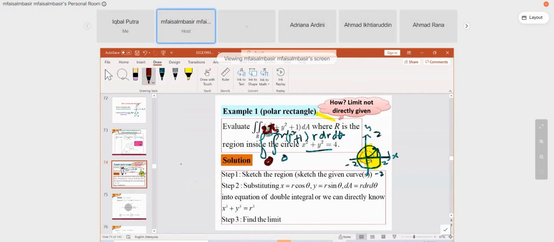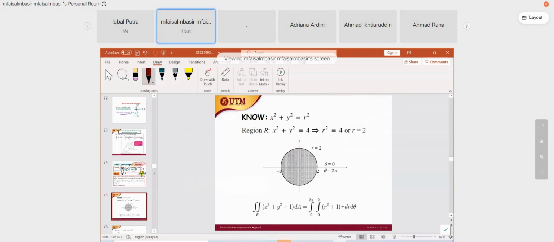So you can do this on your own, but you have to know how to find the limit. First you sketch, as I told you. Your angle starts from here until here, moving anti-clockwise. Your radius must start from the pole out to the region, 0 to 2. Easy.